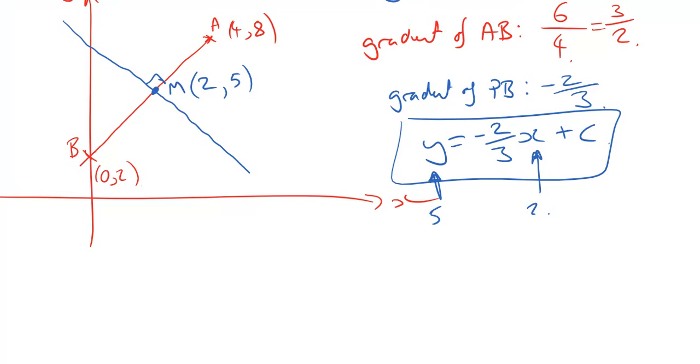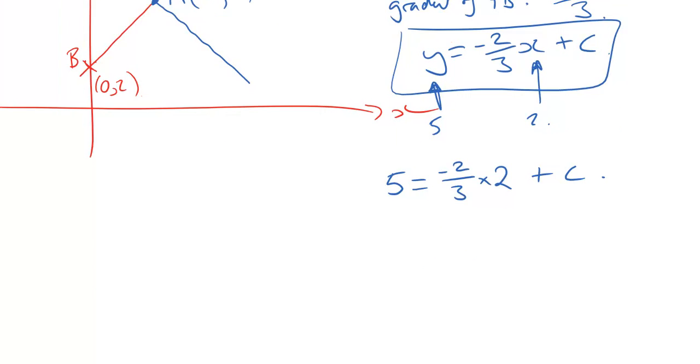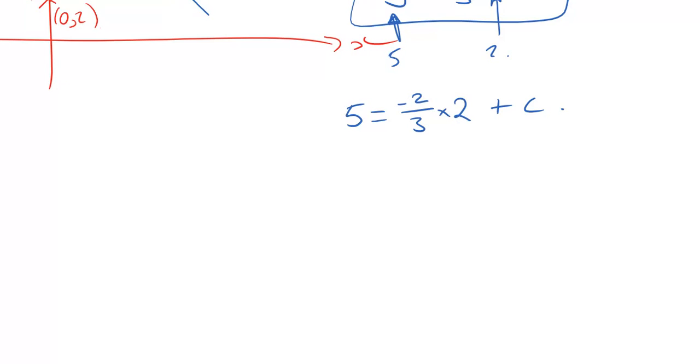So let's do that. If I sub in y is 5, we know it's 5 when x is 2. So 5 is equal to minus 2 over 3 multiplied by 2 plus c. Let's solve this equation to see if we can find c. We're going to have 5 is equal to negative 4 over 3 plus c. So let's add 4 over 3 to both sides.